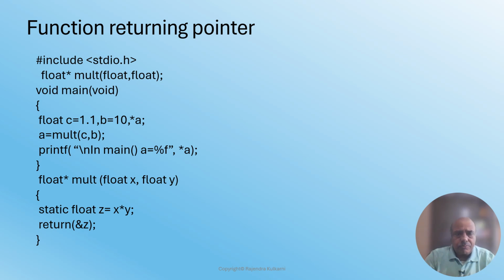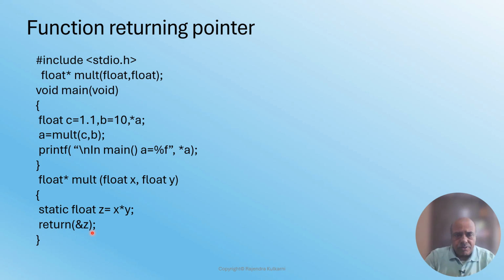The variables c and b are being passed to this function, which are collected by variables x and y in the function mult. Now, in our earlier program we had declared z as float z; in this program I am declaring it as static float z is equal to x multiplied by y, and then returning the address of z, return into bracket ampersand z.